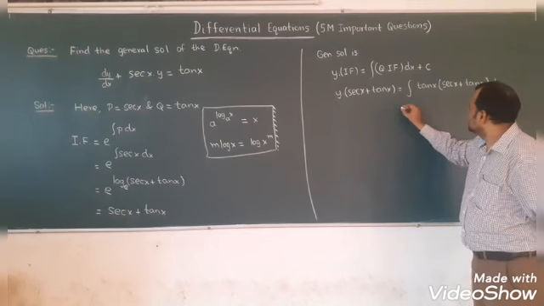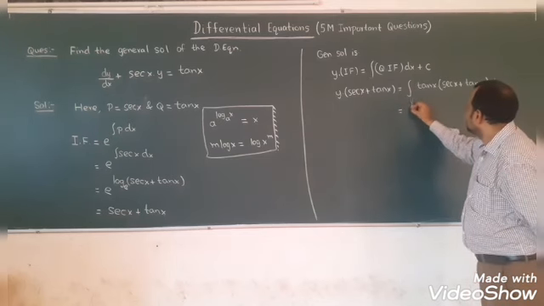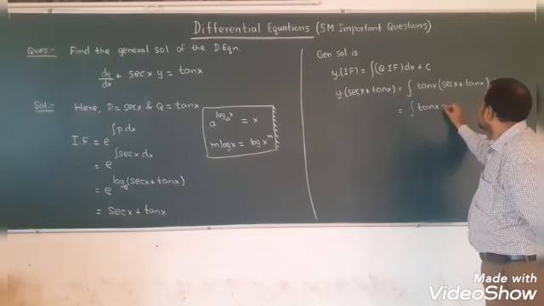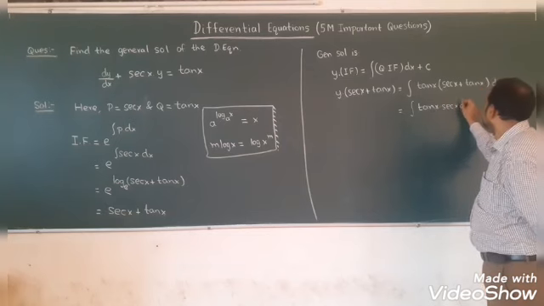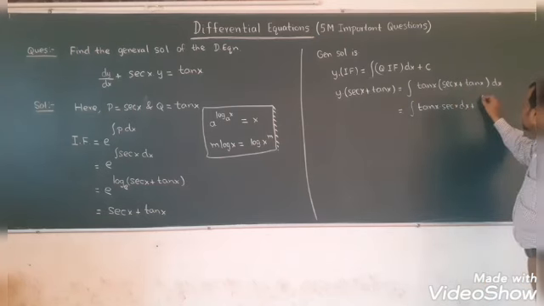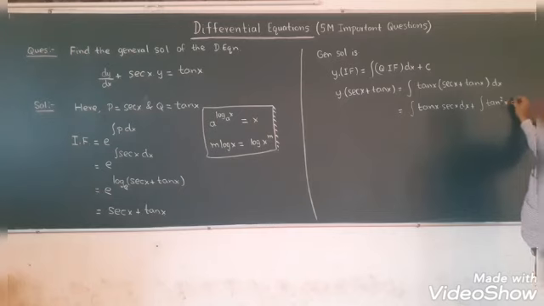Now solve this. So tan x multiplied, you will get tan x into secant x dx plus tan x into tan x, which we can write as tan square x dx.